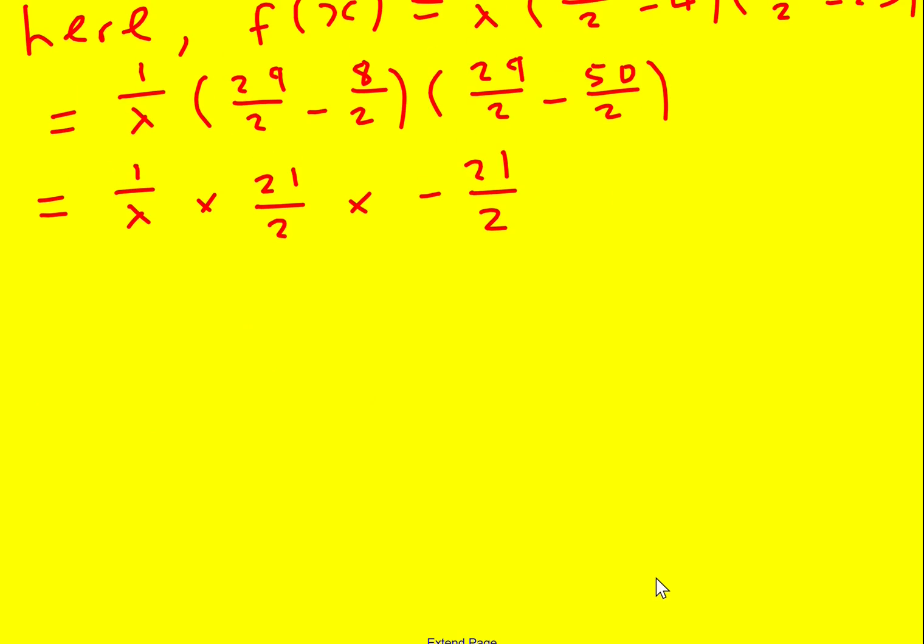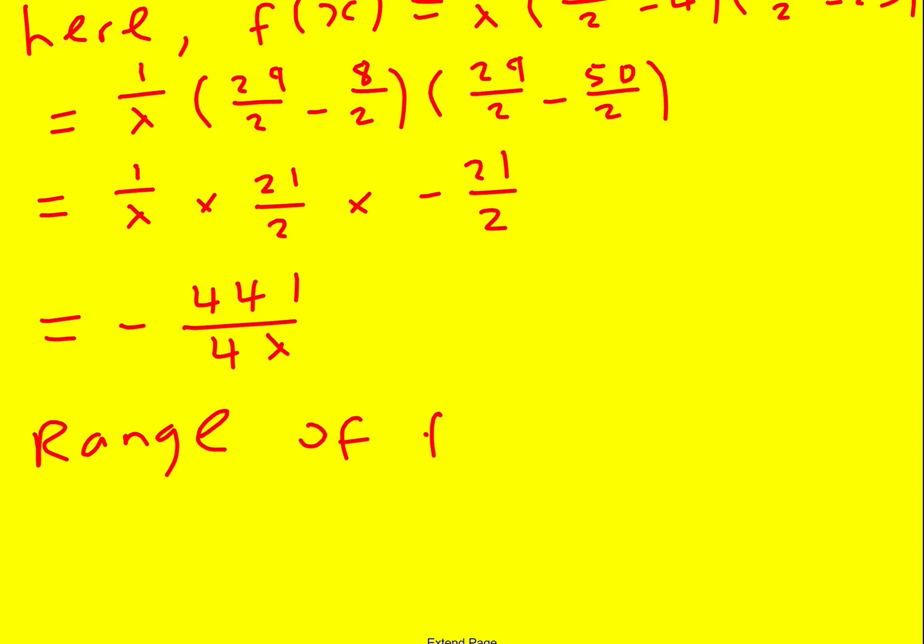Now 21 times 21, you might know off the top of your head it's 441, otherwise you're going to have to figure that one out. So we're going to get 441 over 4 lambda with a minus, and therefore range, we're there basically, range of f of x is that f of x is greater or equal, we've just found the minimum, so it's always this or more than that.